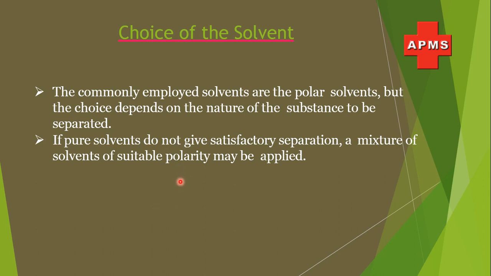Choice of the solvent. The commonly employed solvents are the polar solvents, but the choice depends on the nature of the substance to be separated. If our sample is polar, then polar solvents are good. But if our sample contains non-polar substances, then non-polar or less polar solvents are good for separation.